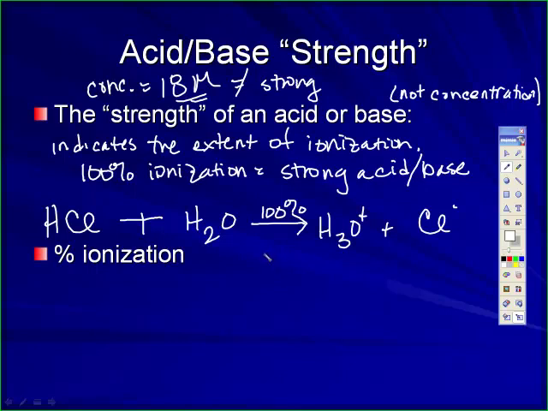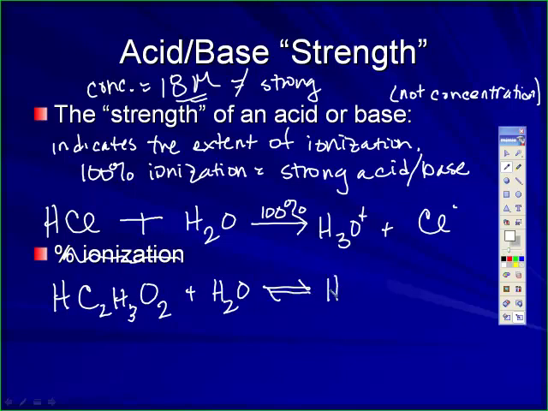But there are some other acids, like acetic acid, for example, HC2H3O2. When you add that to water, an equilibrium is established where you do make H3O+ and C2H3O2-, but you can't do what you did up here, where if this is 0.1 molar, this would be 0.1 molar.